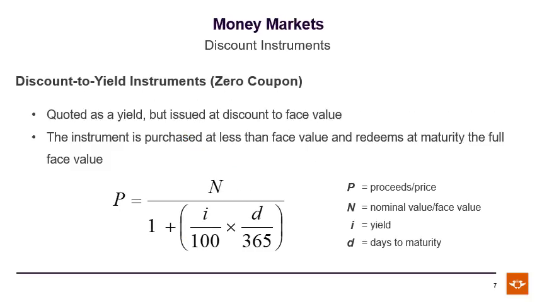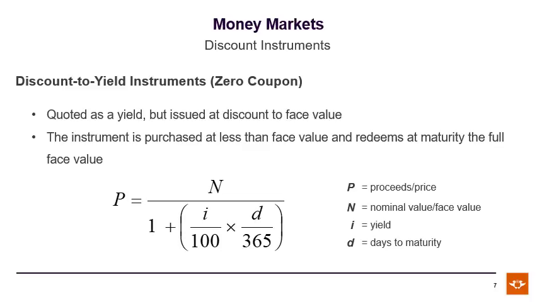We come now to the second of our discount instruments, the discount yield instrument, which is also a zero coupon instrument. It is quoted as a yield, but it is issued at a discount to face value. Like the straight discount instruments, it is purchased at less than face value, and at maturity, the investor receives the full face value, with the interest or the realized return being the difference between the face value and the purchase price.